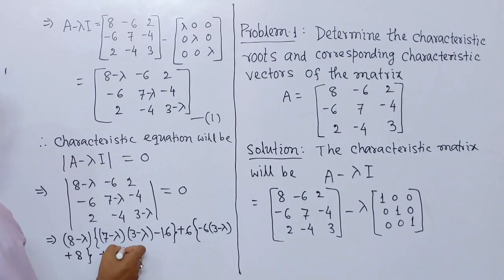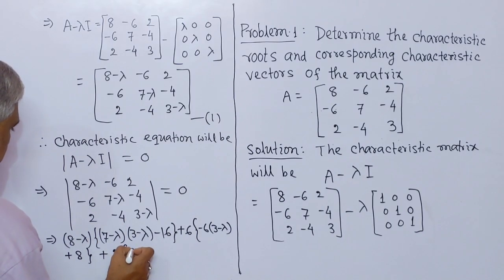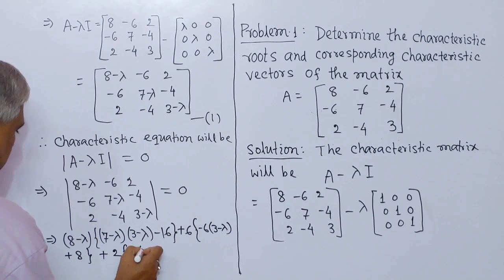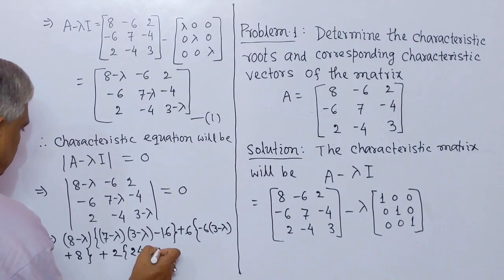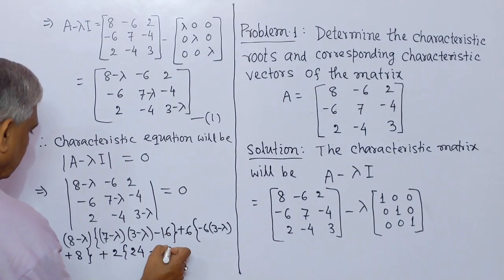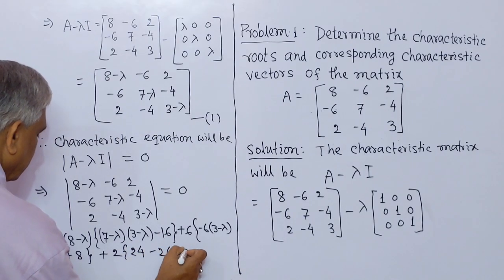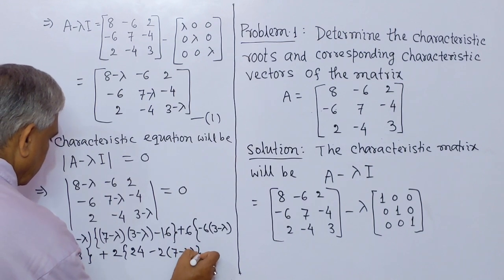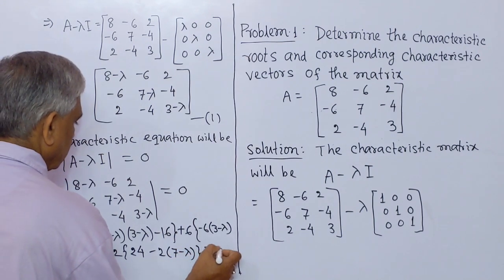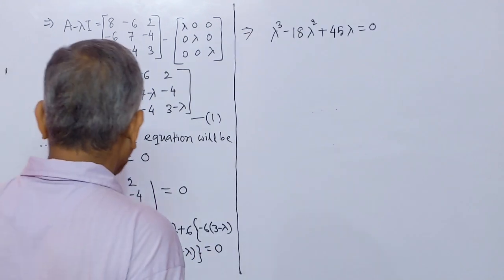This is 6 multiply 4, 24, minus 2 multiply 7 minus lambda, equal to 0.